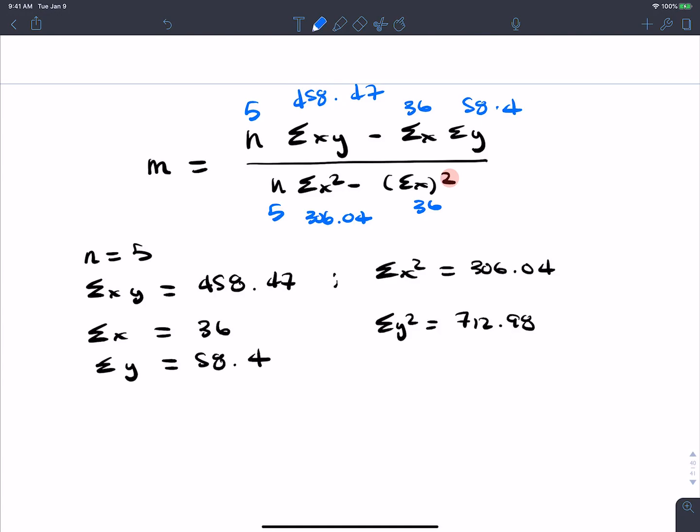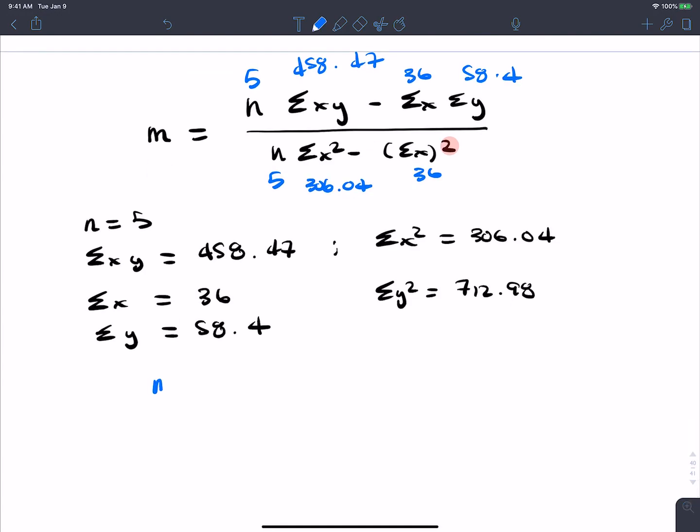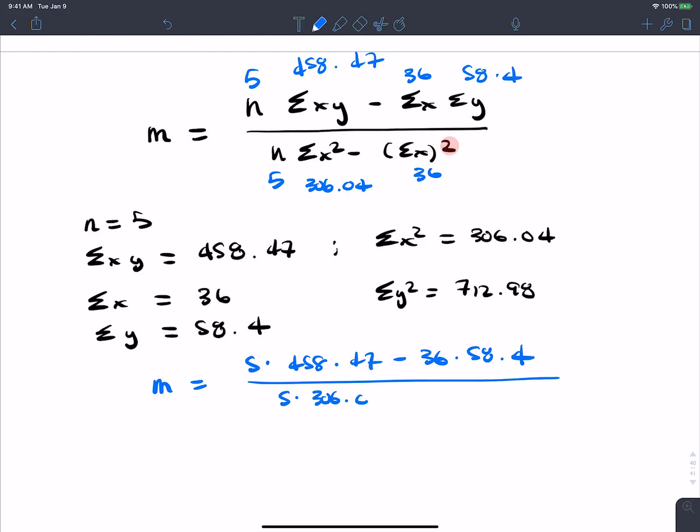So how this looks again now, down here, we have m will be 5 times 458.47 minus 36 times 58.4 divided by 5 times 306.04 minus 36 squared.